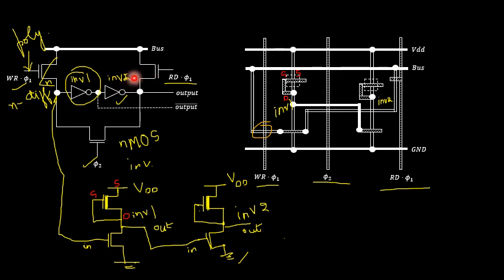Another end, if you see, should get connected with the inverter 2 output. So this is inverter 2, this is the output of an inverter, and it has got connected with the inverter 2 output.